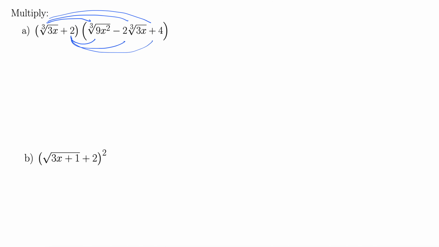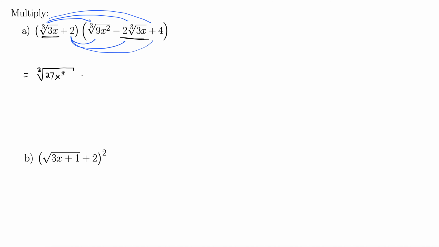Okay, so first multiplying everything by cube root of 3x. I'm taking this term through: cube root of 3x times cube root of 9x squared. We're combining inside the radicals since these have the same index of 3. So that gives us cube root of 27x cubed. Next we multiply cube root of 3x by negative 2 cube root of 3x.